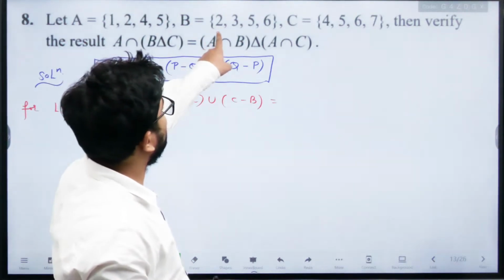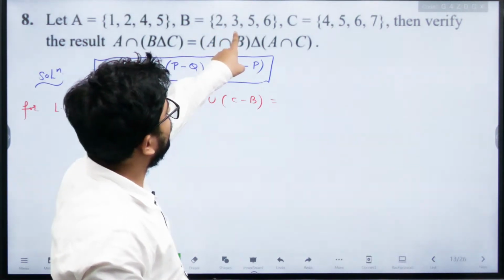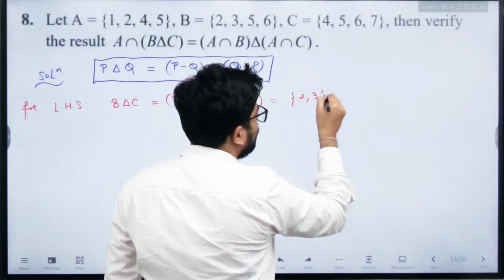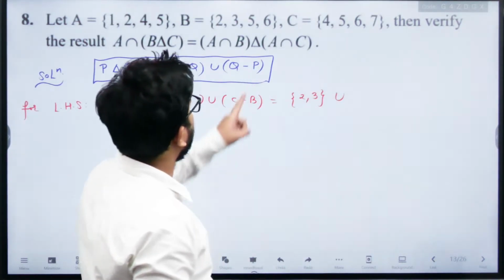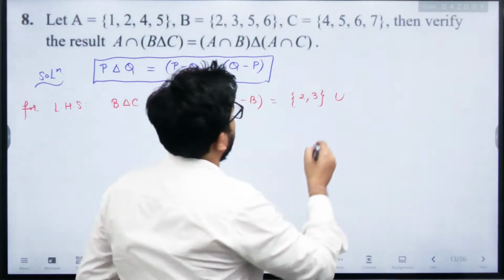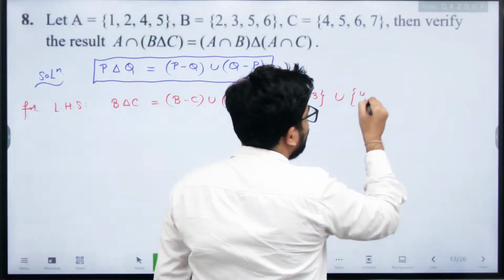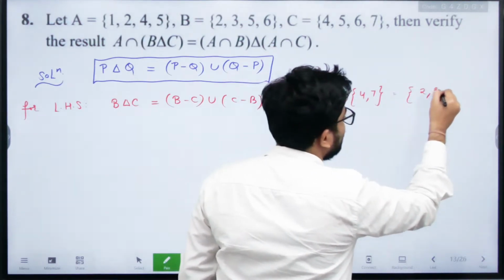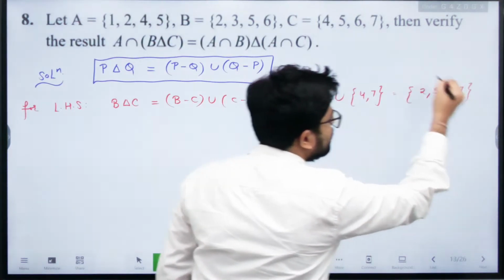B minus C is 2, 3. Union C minus B. C minus B is 4 and 7. So this is equal to 2, 3, 4 and 7.